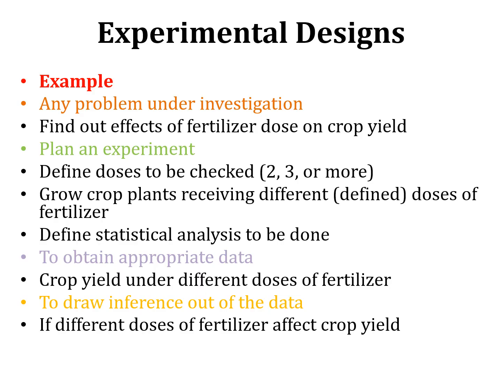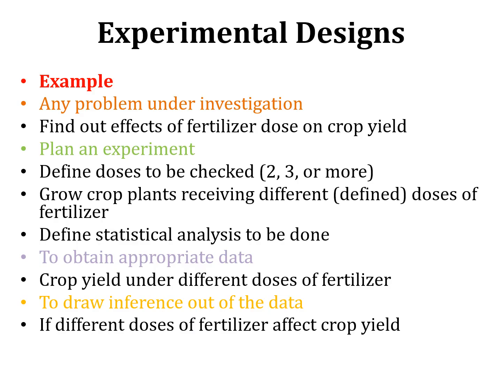And in the planning of your experiment, you're going to define the doses of fertilizers to be given to the crop plants, and then you grow the crop plants under different doses of fertilizers. So they are going to receive different treatments, different doses of the fertilizer, and you also define the statistical analysis that you want to perform on the data that you obtain.